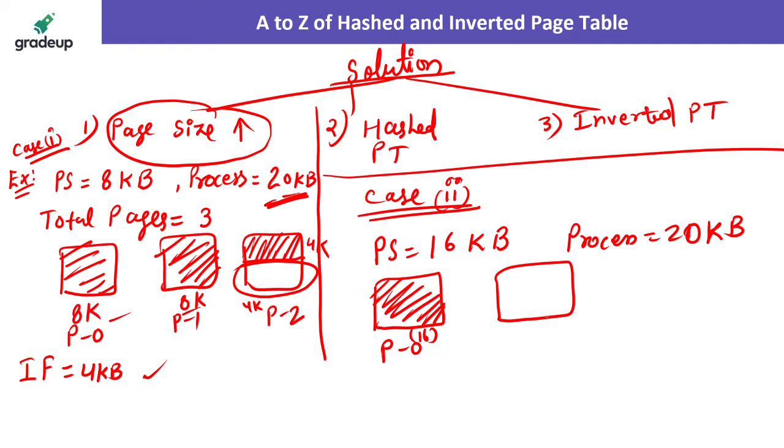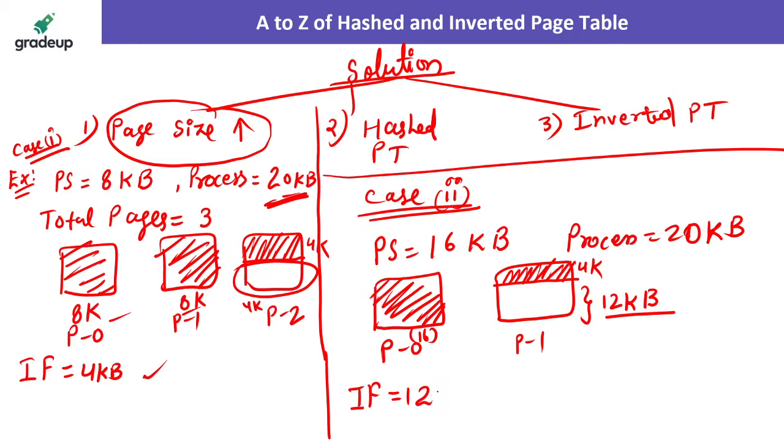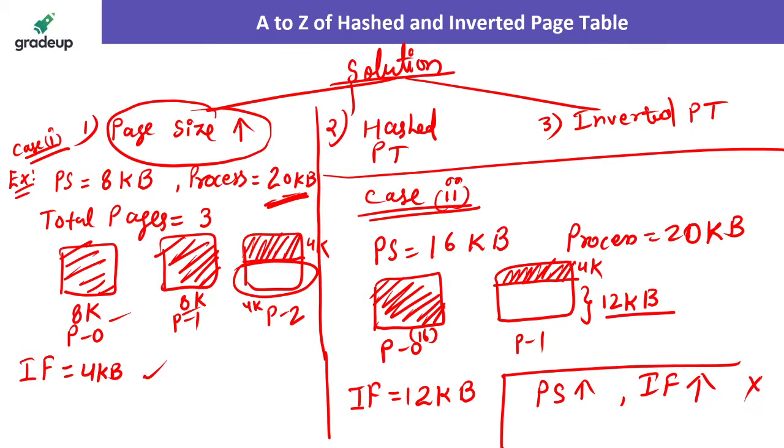In page number 1 I use only 4 KB, and the remaining 12 KB I cannot use. So here the internal fragmentation will be 12 KB. So what is the conclusion? If I increase the page size, internal fragmentation may also increase. So this is not an optimal solution. Is it clear? I hope now you understood.